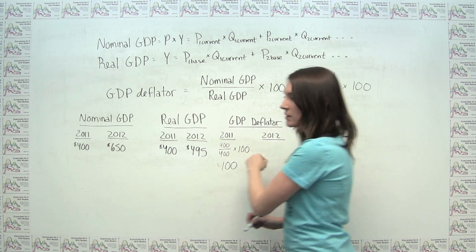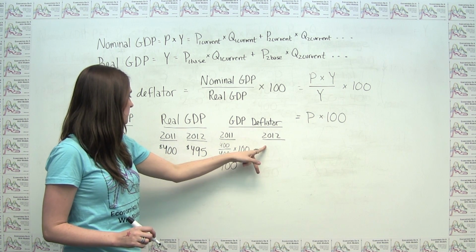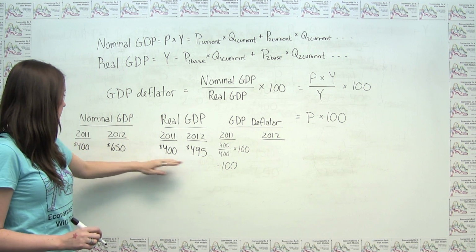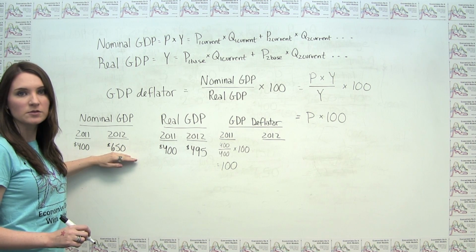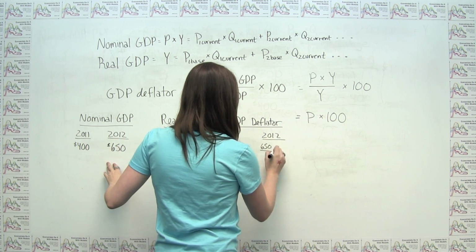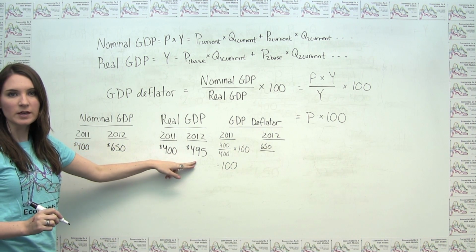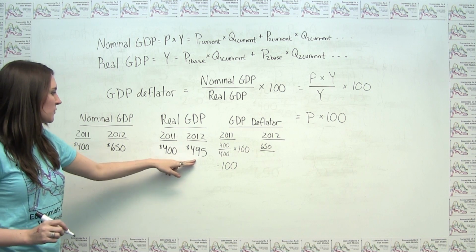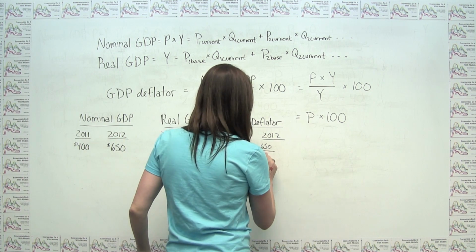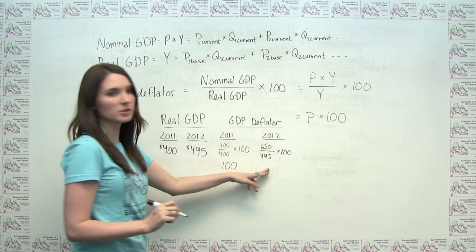In contrast, we can calculate the GDP deflator for 2012 by again taking nominal GDP in 2012, which is 650, and dividing that by real GDP in 2012, which is 495, and multiplying that by 100.